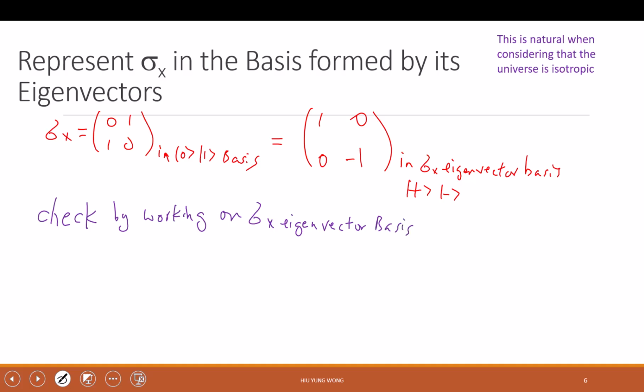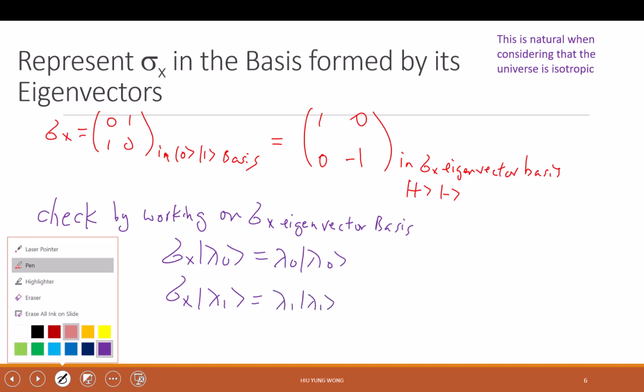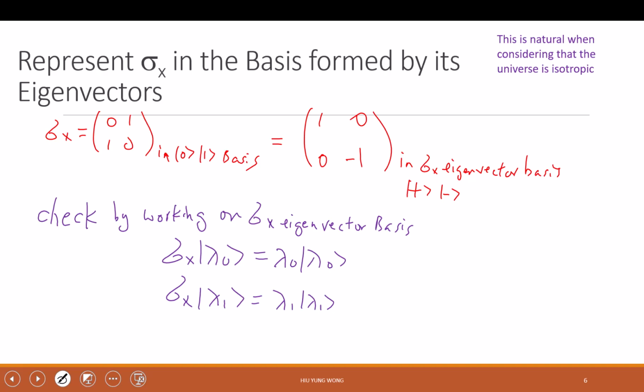Check what? Check sigma x lambda 0 equals lambda 0, and sigma x lambda 1 equals minus lambda 1. Maybe I give you some hint. Now it is in the sigma x eigenbasis, so when I write it, this is going to be 0. No. What is that?